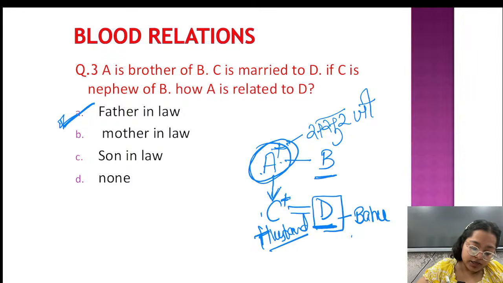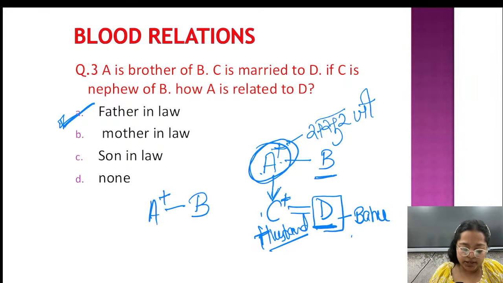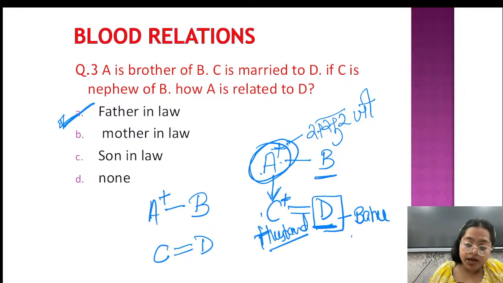Again, एक बार फिर समझते हैं इसको. A is brother of B, so we have to put them in a single line in the genealogical chart. Now C is married to D. This is different data, so we have to make two lines showing they are a couple, the married couple.